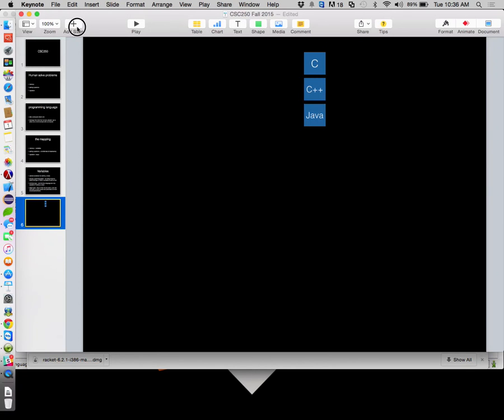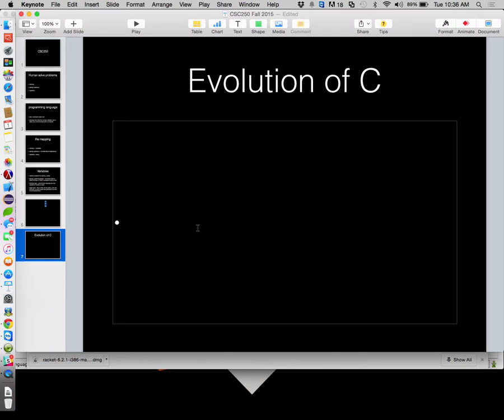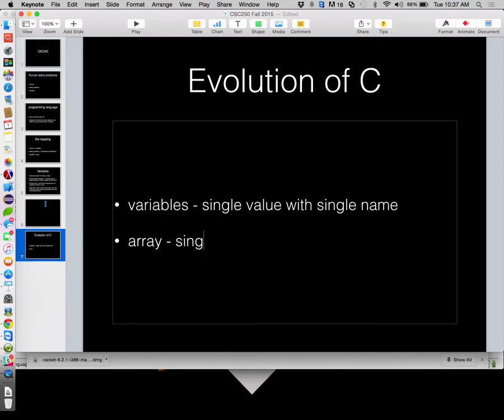All right, so we're going to look at the evolution of C. I like to look at C through the perspective of variables, and this is where we're connecting it to those primitive types. C supported variables, so a single value with a single name. It supported an array, a single name with a collection of like values.